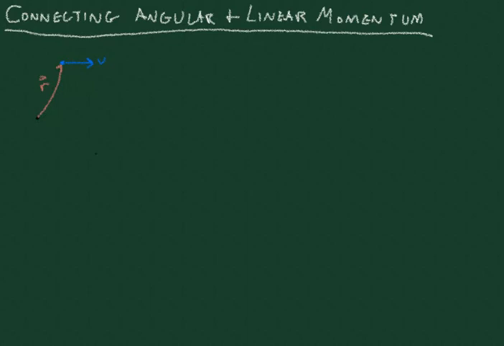Another way that we can write angular momentum is we can say that L is equal to r cross p, where r is the vector that goes from the axis of rotation to that particle, and p is the momentum, so mass times the velocity. Okay, so I should have written that as a vector.